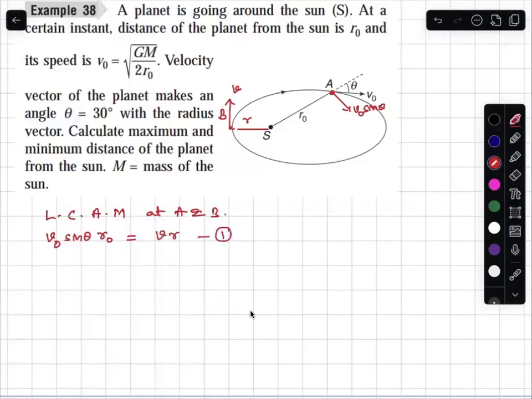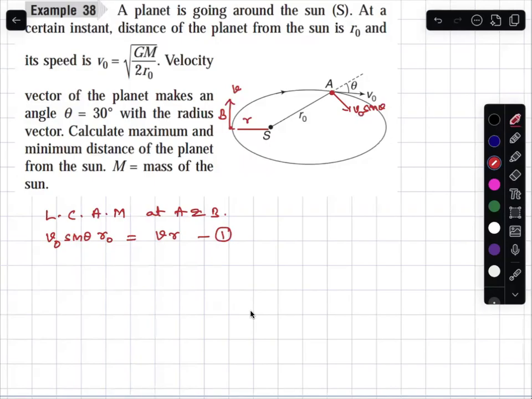Equation 1. What are the unknowns here? They have given V0 and R0, so V and R are unknowns. We require one more equation. What is that equation? The law of conservation of energy.